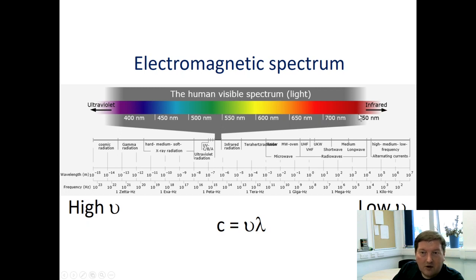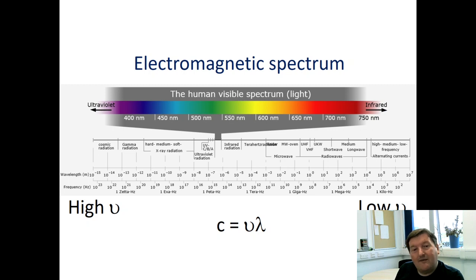So 750 and beyond is infrared. Keep increasing the wavelength, and then you go through to radio waves, like radio 4 long wave. And where does it get that long wave name? Well, because we've got 10 to the 3 meters here, and 10 to the 3 meters is a kilometer.